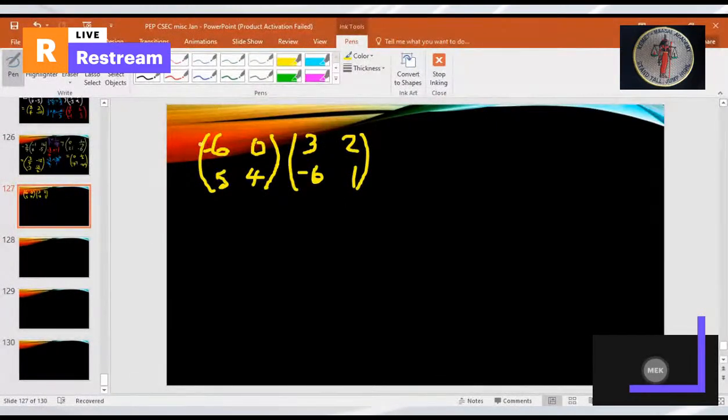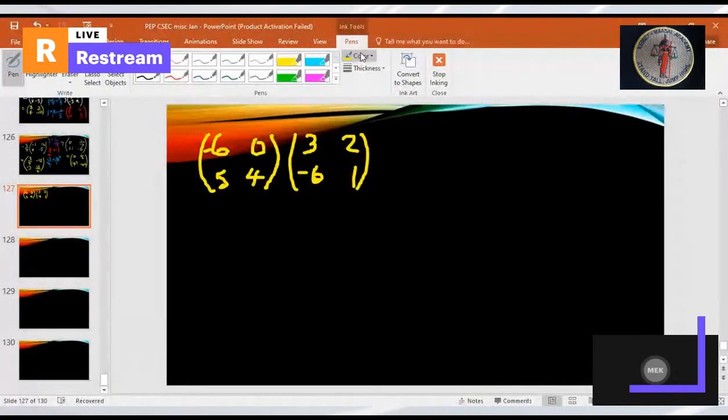We're going to use this row to multiply this column, and then we're going to use that same row to multiply this column. So it's row by column. This row times this column, this row times that column. That's the first set. And then we're going to go down here. So that row times this column, and that row again times that column.